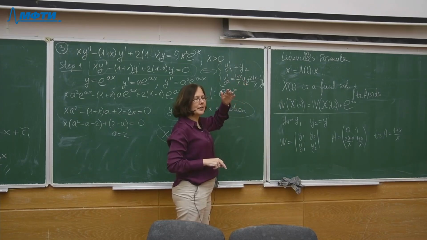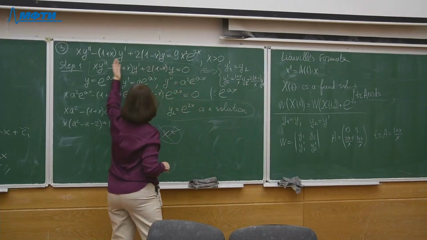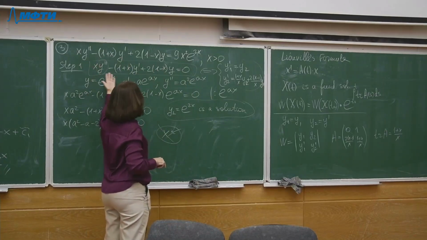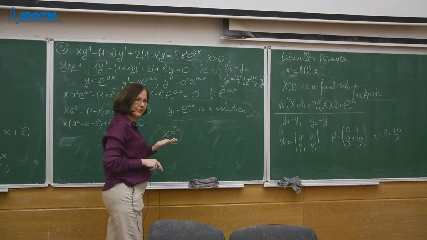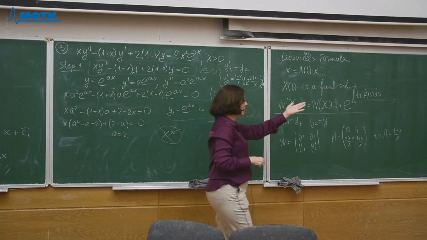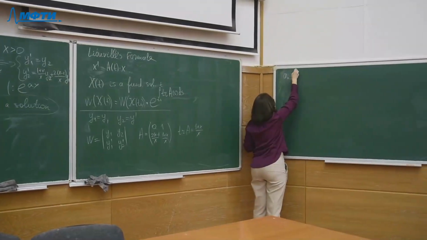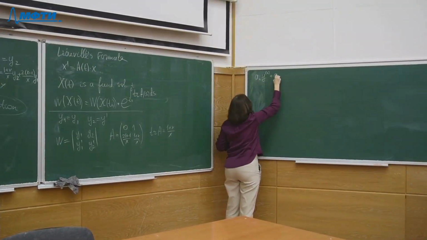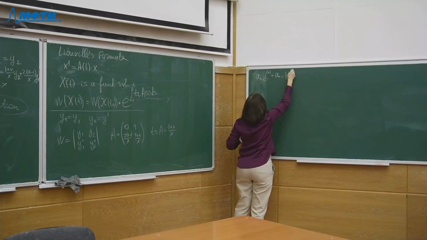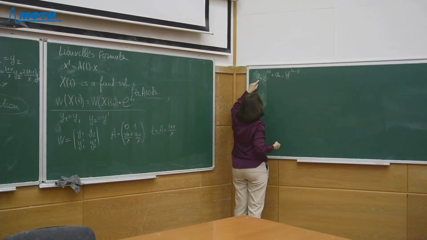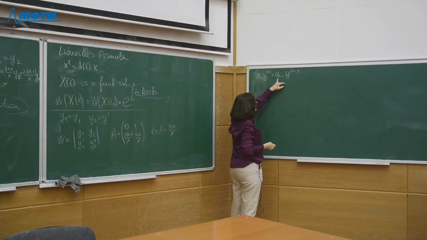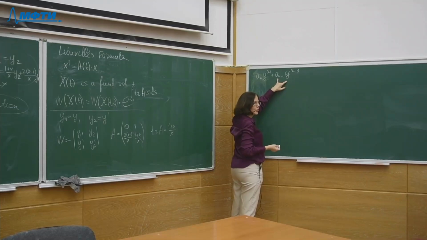I'd like to show you how to extract the answer from this equation generally. What shall we do? I will use that space. So generally, if we have something like a_n y to the power n plus a_{n-1} y to the power n minus 1, so a_{n-1} can be functions, not the constants, right?